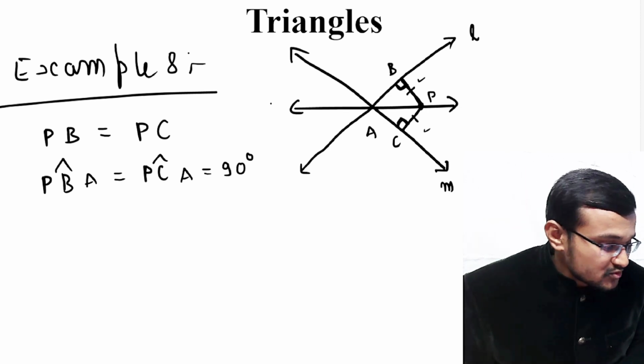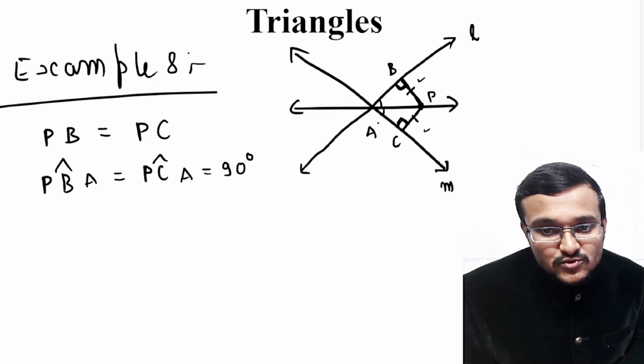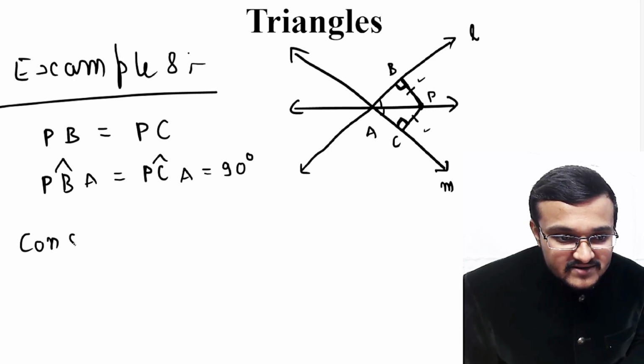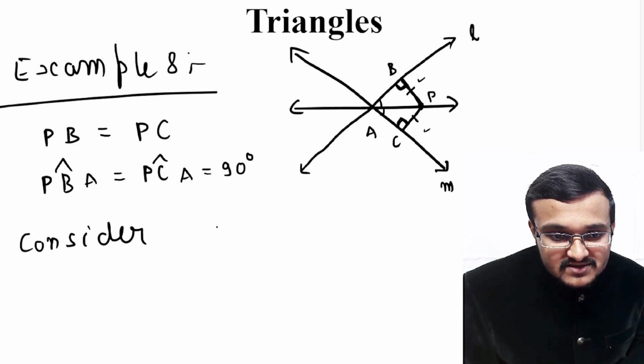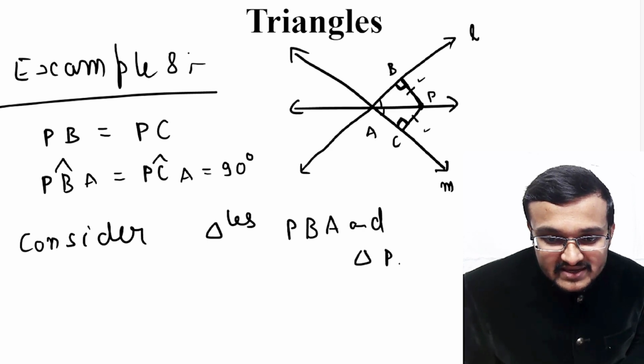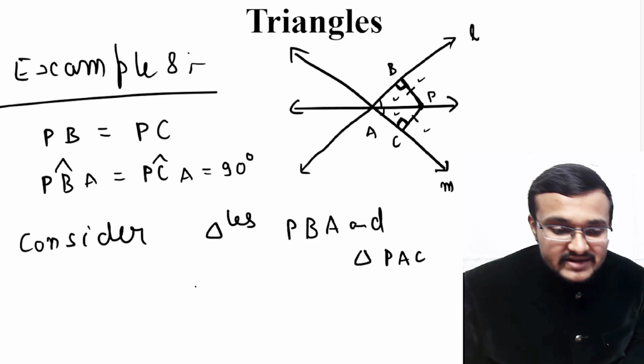Now you have to prove that this particular angle is equal to this particular angle, that is PAB is equal to PAC. So now consider triangle PBA and triangle PAC, that is this particular triangle and this particular triangle.